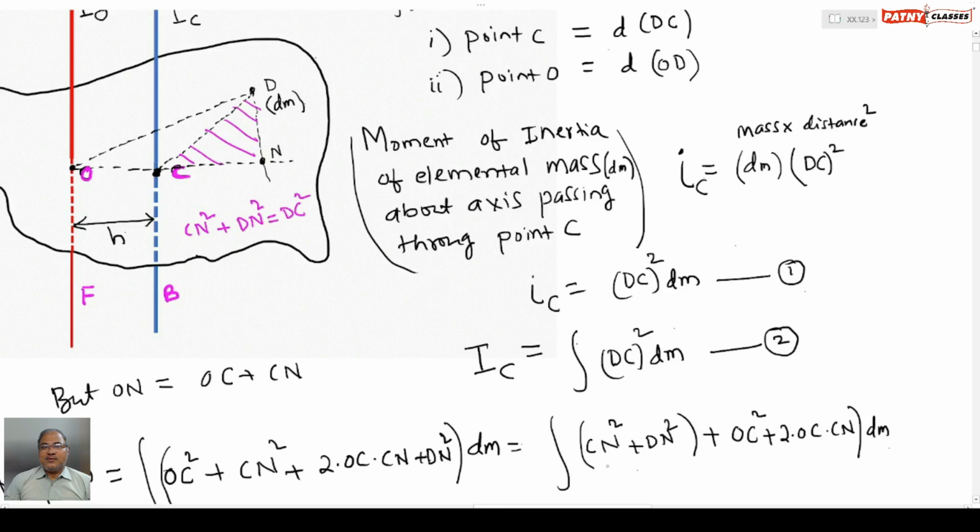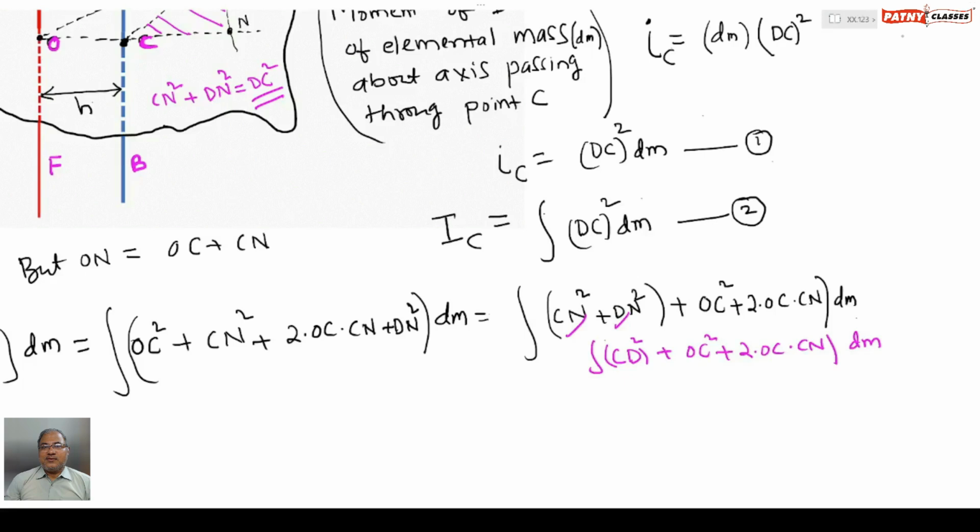Therefore, CD square and DC square are one and the same, plus OC square plus 2 OC dot CN, bracket close, dm.